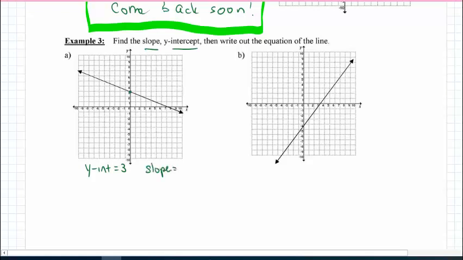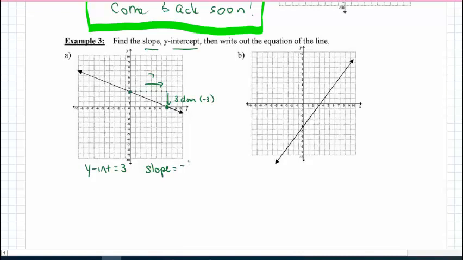What about the slope? Well, sometimes the slope's hard to see, but you might want to take 2 points on the line and then compare how you got from the first point to the second. In this case, I went 1, 2, 3, 4, 5, 6, 7 to the right, and I looked like I went 3 down, or negative 3.